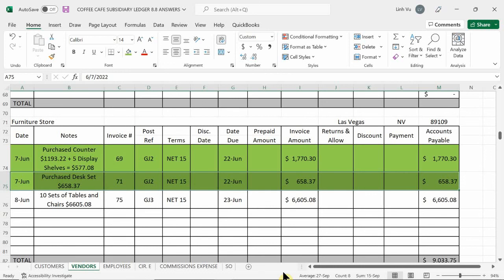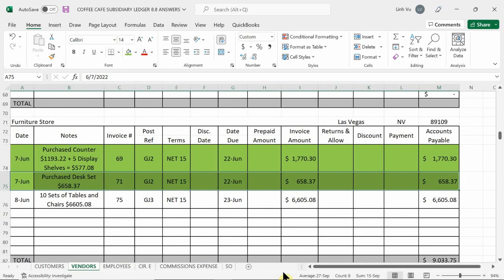So how much do I owe, or how much am I paying off? That'll be 1193.22. Where did you get that number? You said when you do the purchase of the counter for invoice 69.